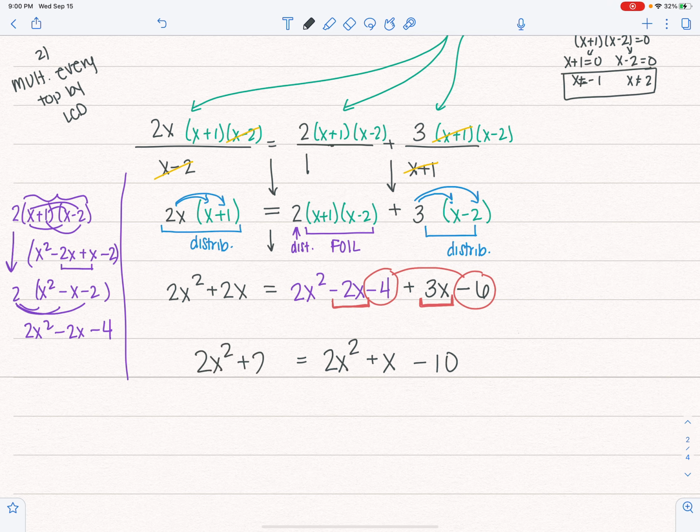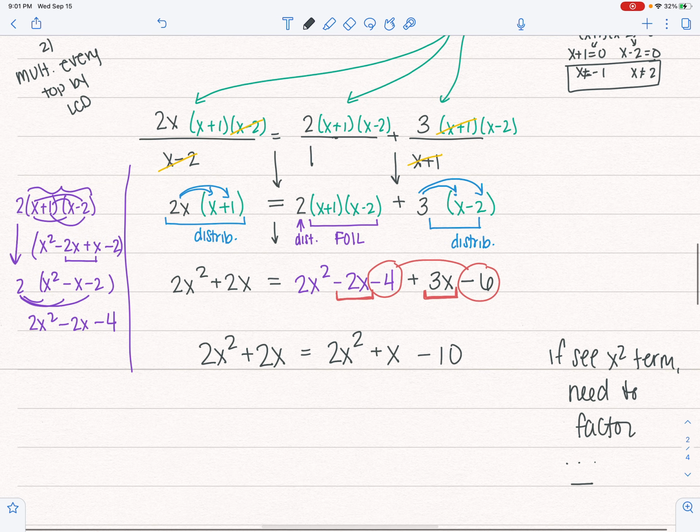Now because I've seen an x squared term, and I see 2 of them, this is going to be your alert that I probably need to factor. If I need to factor, then I have to get the equation equal to 0.